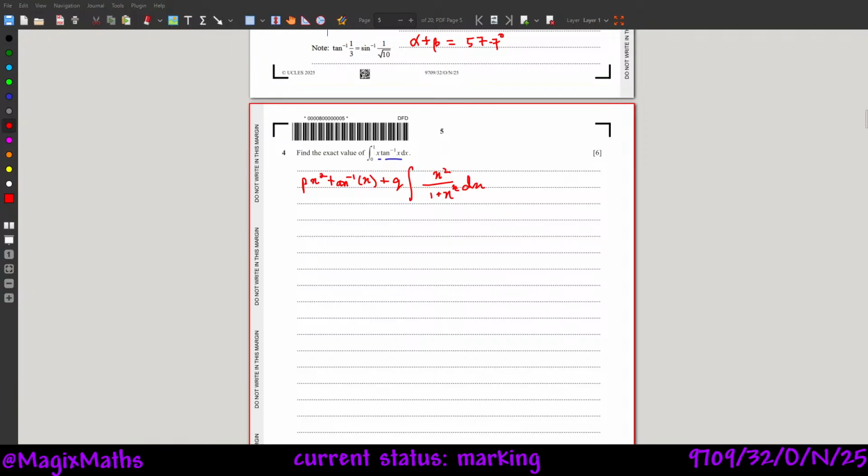Okay, I'm not understanding this. Why is it this way? Wait. I'm trying to understand the marking scheme, so please allow me to take some time.